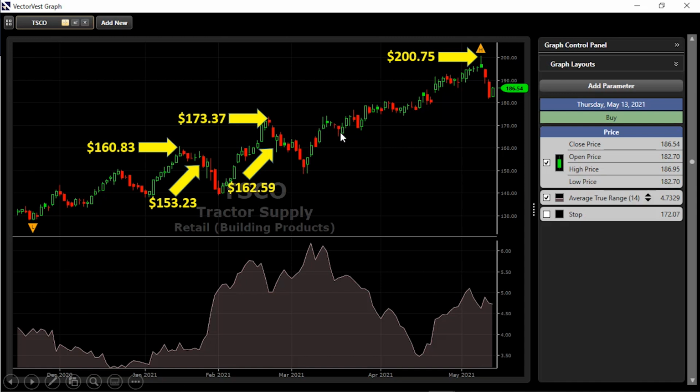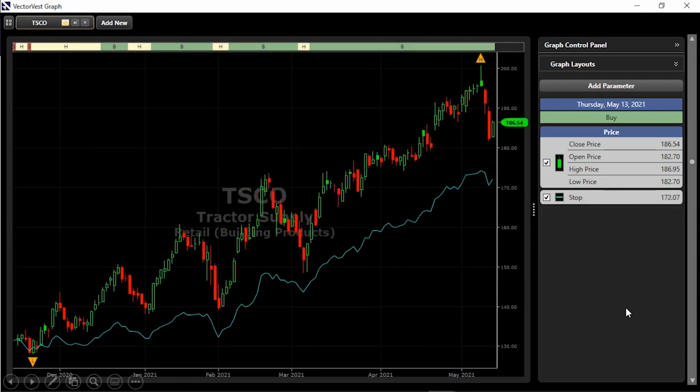This pullback here did not result in us exiting the trade. 2 ATR did not bounce us out of this trade here. 2 ATR would have got us out at $191.51. And you can see the stock closed yesterday at $186.54. Using our stop price, if you're prudent or conservative, you would have stayed in the position the entire time.